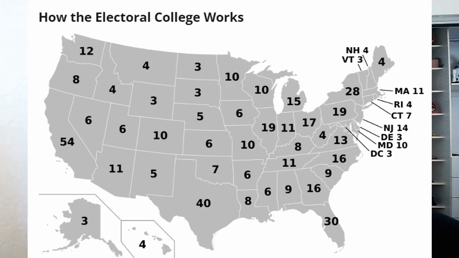Now, it's not guaranteed that Texas is going to continue to become less Republican, because one of the other states that used to be a swing state is Florida. It is the 3rd most populous state in the United States, so it has the 3rd most electoral college votes. And it used to be considered a swing state.